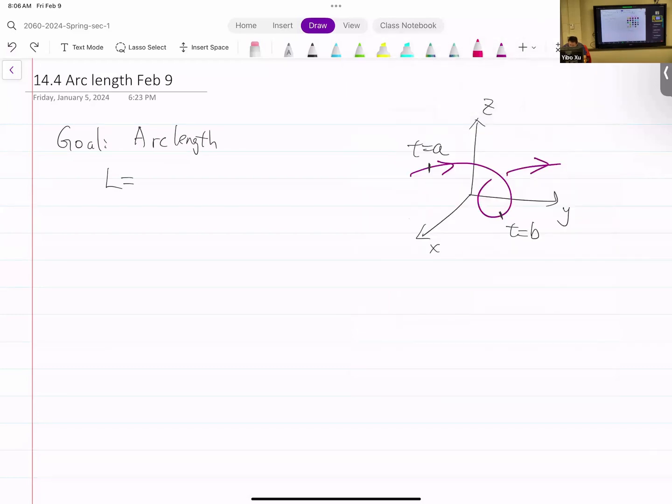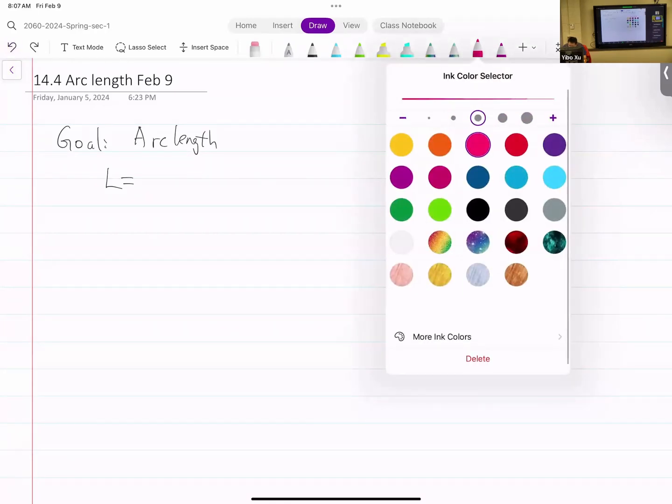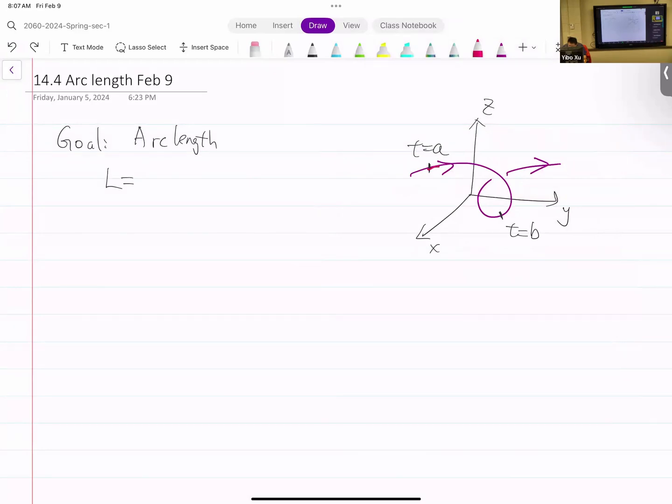I'm still going to use red, but I'll make it kind of low. So you're traveling along the space curve, and you want to get the length.